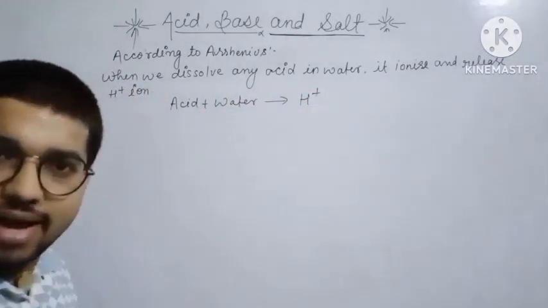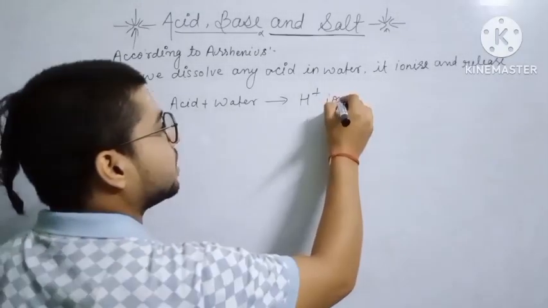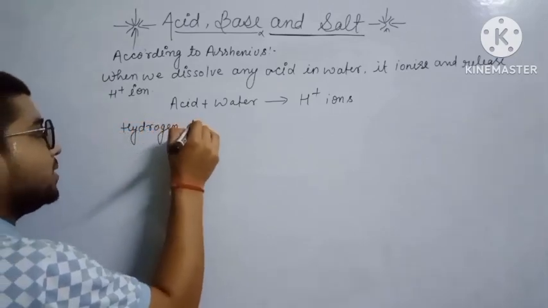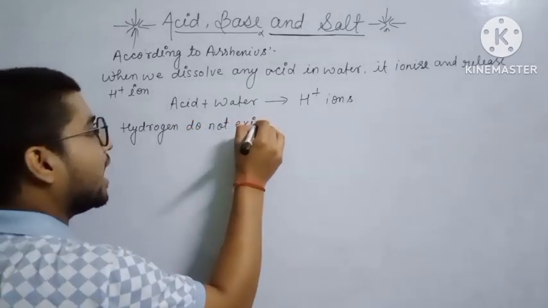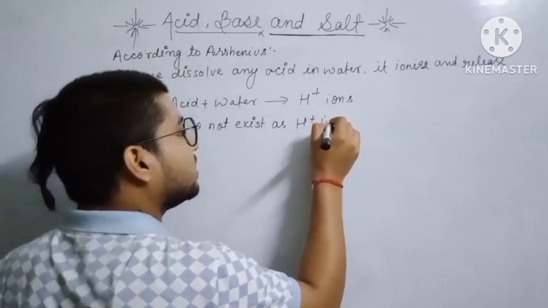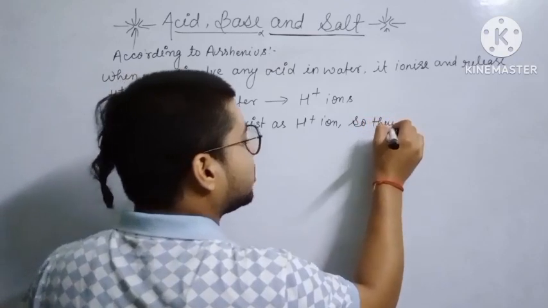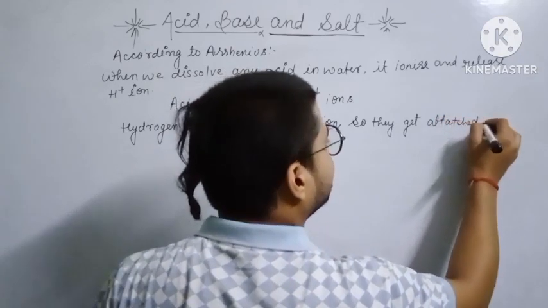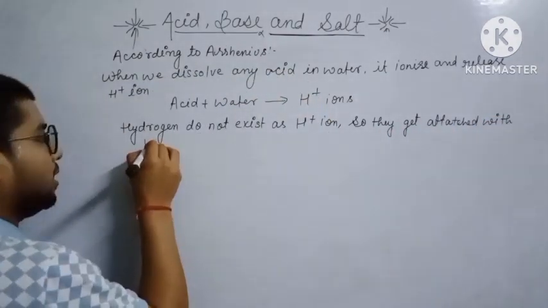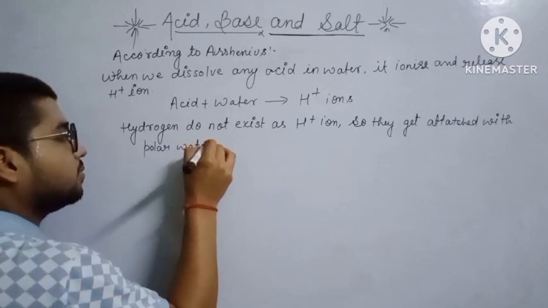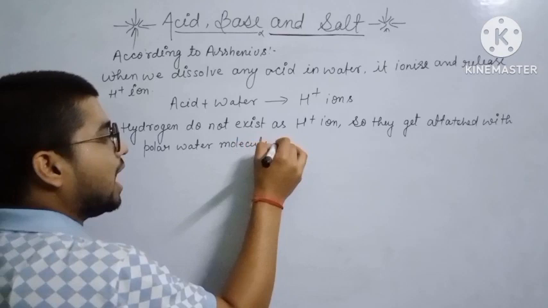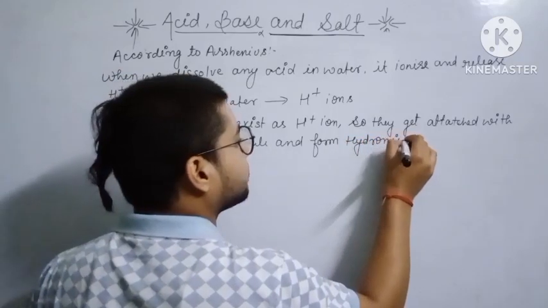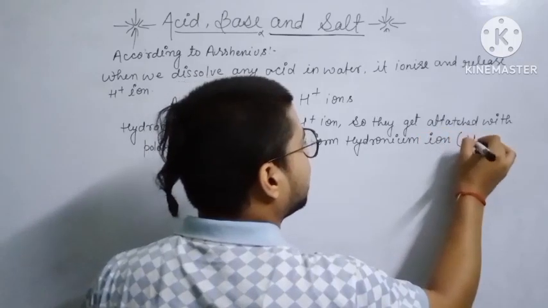Acid plus water gives H plus ion. Hydrogen ions do not exist as H plus ion, so they get attached with polar water molecules and form hydronium ion, that is H3O plus.